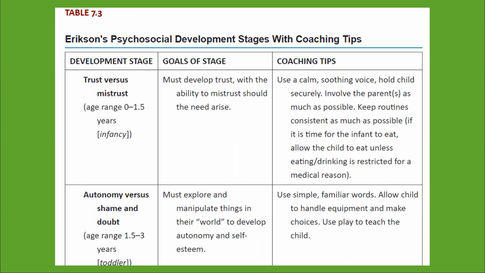So the next developmental stage is autonomy versus shame and doubt. Age range is going to be 1.5 to 3 years old, which would be a toddler. Use simple, familiar words. Allow child to handle equipment and make choices. Use play to teach the child.